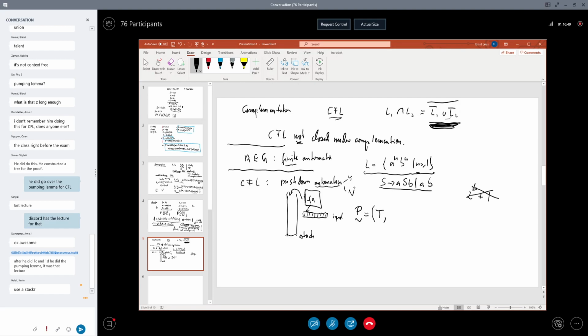We have an alphabet of input symbols. We have a set of states. Now the stack, of course, is its own universe, and as such it has its own alphabet, Gamma. We have a move function. We have an initial state. We have an initial stack symbol, and we have a set of final states.